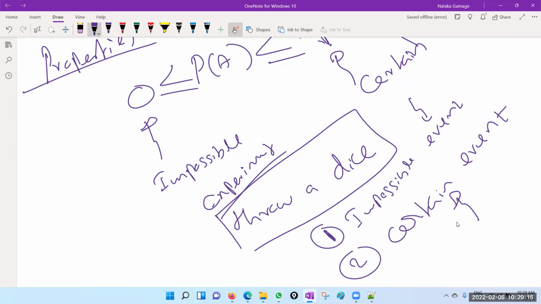Event is an imagination. Let's think. I need an event which has probability of 1 for this experiment.